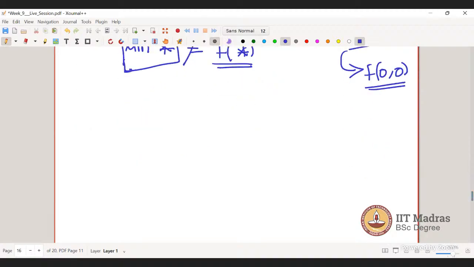Is it right that if the function is continuous at a point, then only can we talk about differentiability at that point? Yeah, certainly if the function is not continuous, then it cannot be differentiable.